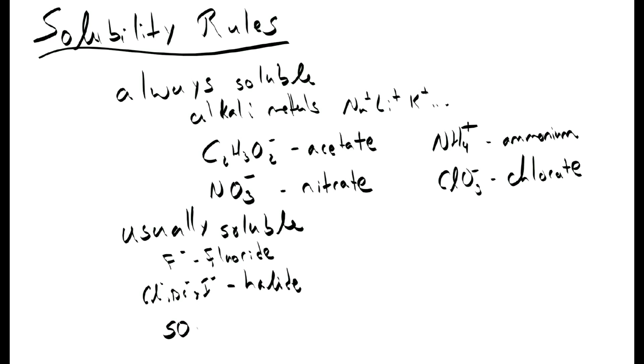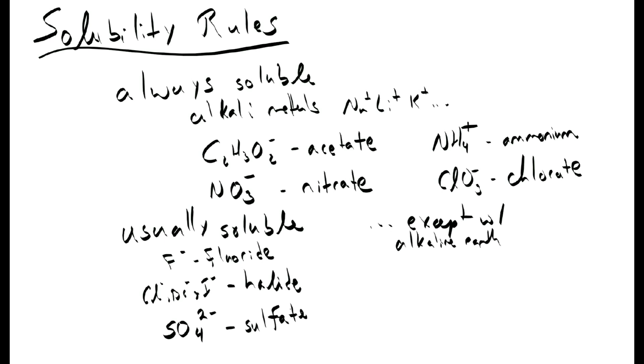And finally, sulfate, SO4 2-. So these are usually soluble, except with, for fluoride, it is the alkaline earth metals. So that would be calcium, barium, strontium, magnesium, things like that.